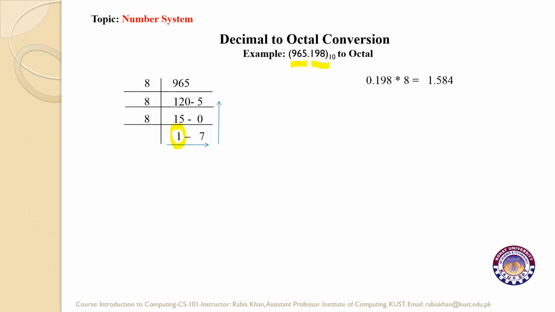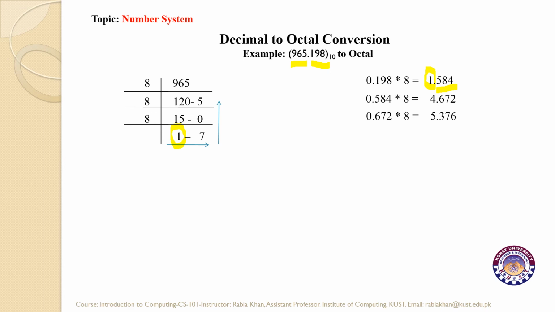So 0.198 is multiplied by 8, and the result is 1.584. We need to store this carry and multiply this fractional part with 8 again. So 0.584 is again multiplied by 8, and the result is 4.672.